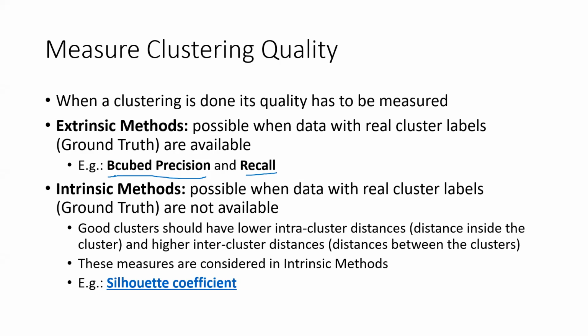When you don't have data that has labels, you have to use intrinsic methods. We don't have labels, so you don't have ground truth. Ground truth is a name that is also used for the real values or the y labels.